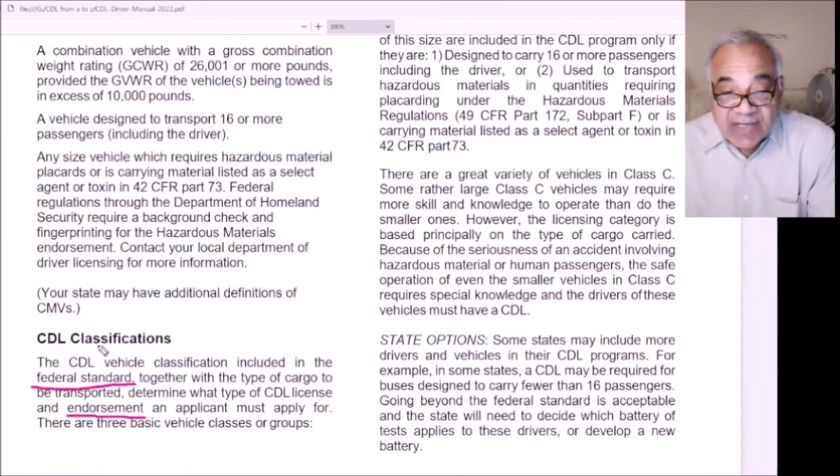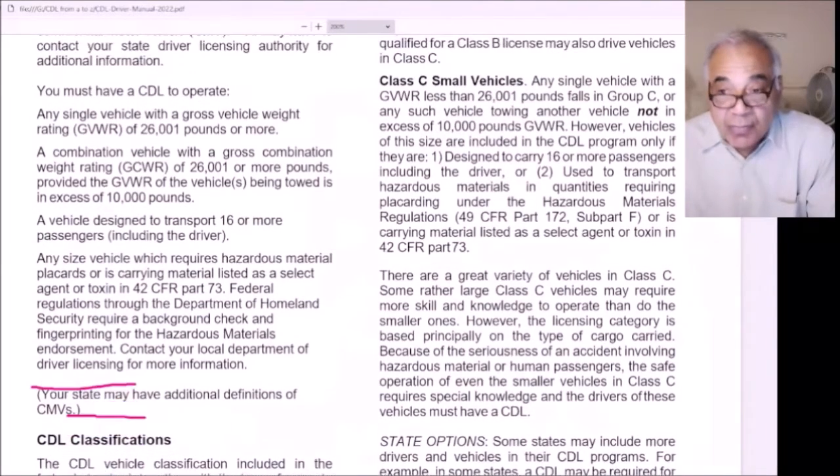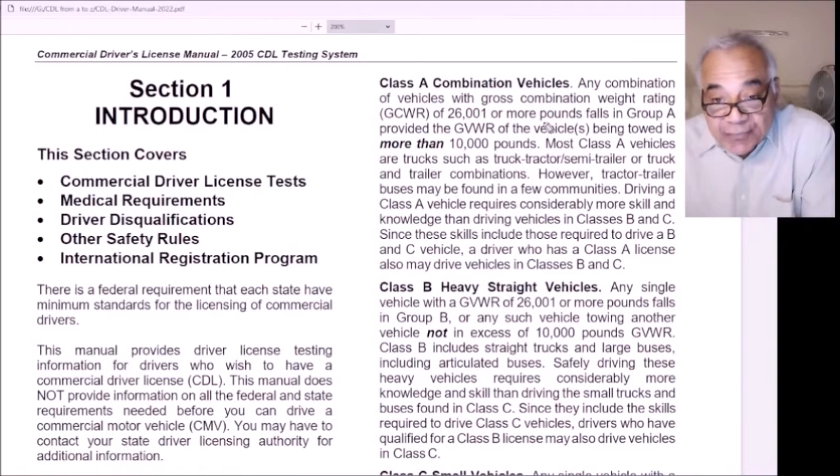Another way to put it, the classification of the CDL, A, B, and C, relates to the weight of the vehicle and the complexity of the vehicle, while the endorsement relates to the nature of the cargo. A, B, and C are progressive, which means if you have Class A, you can drive B or C. If you have Class B, you can drive B and C. If you have Class C, you can drive only C.